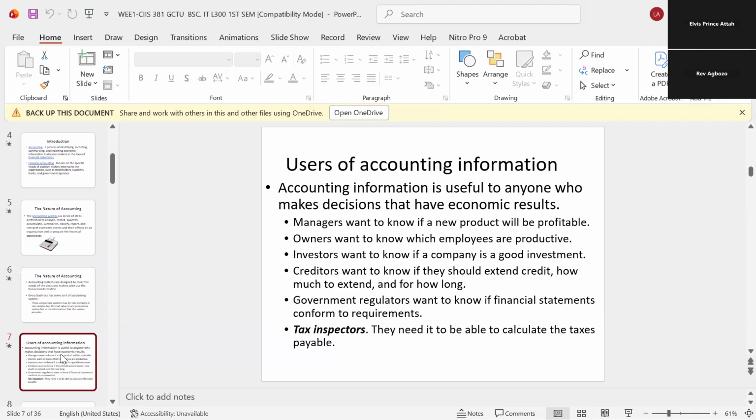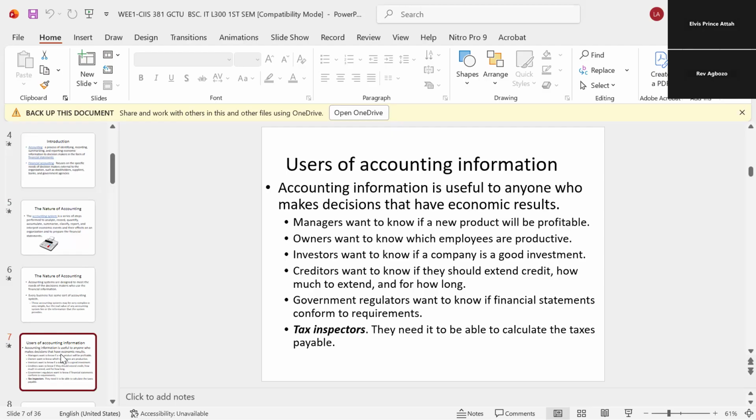Now, when we talk about the users, like I've explained to you, you will see that in every activity, there is somebody who has an interest in a particular side. So, for instance, managers of a company want to know if a new product will be profitable.